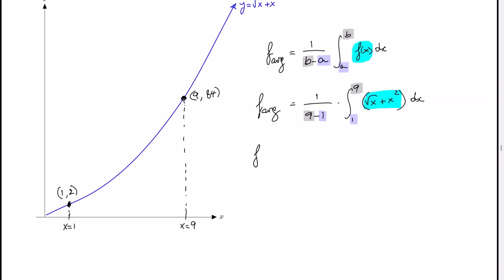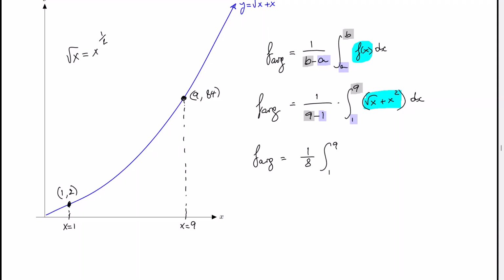Now let's continue. The average value is going to be 1 over, basically 9 minus 1 is going to be 8, so we can just write 1 over 8 there. And we have an integral from 1 to 9. I can't integrate it yet because the square root of x is not written in the right form. We need to have x to a power. Just remember that the square root of x is x to the 1/2, using a formula that we talked about previously.